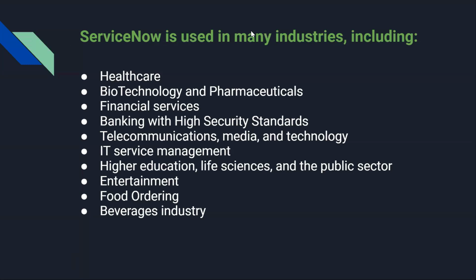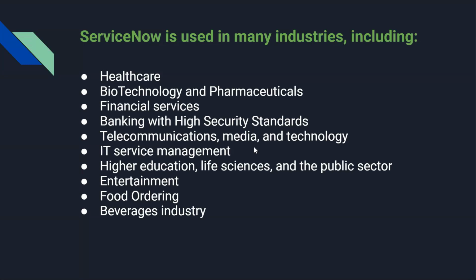You may have a question about where we can use ServiceNow. Almost in all industries, like healthcare, biotechnology, pharmaceuticals, financial services, and banking, which look for high security standards. ServiceNow can offer that because it uses a single tenant architecture.